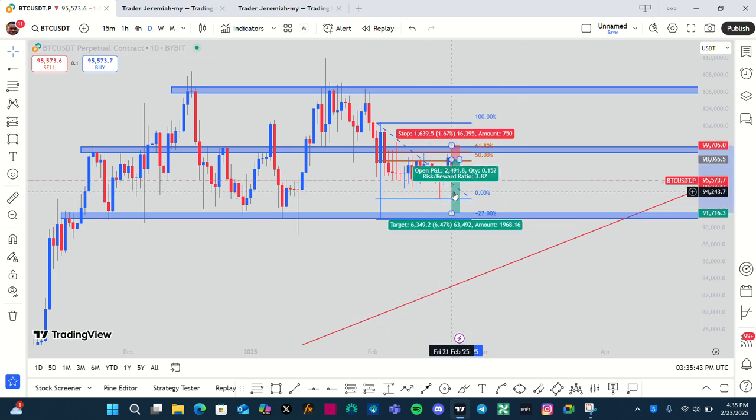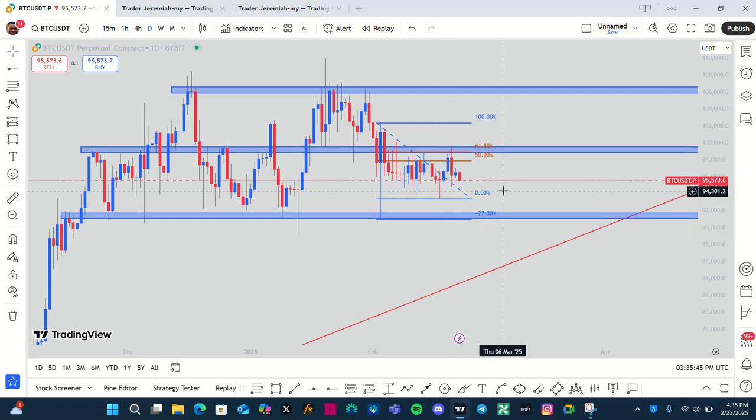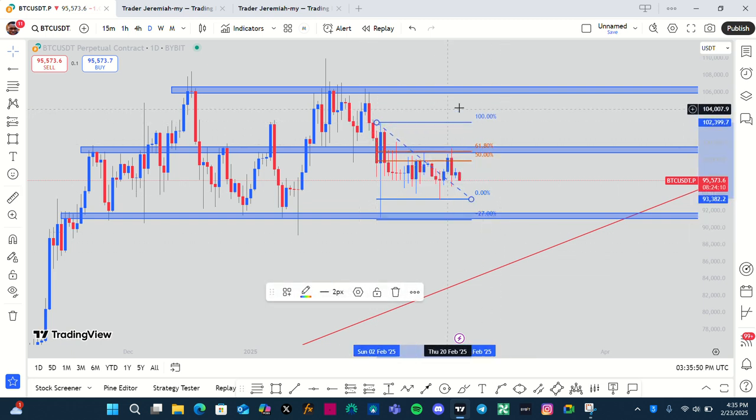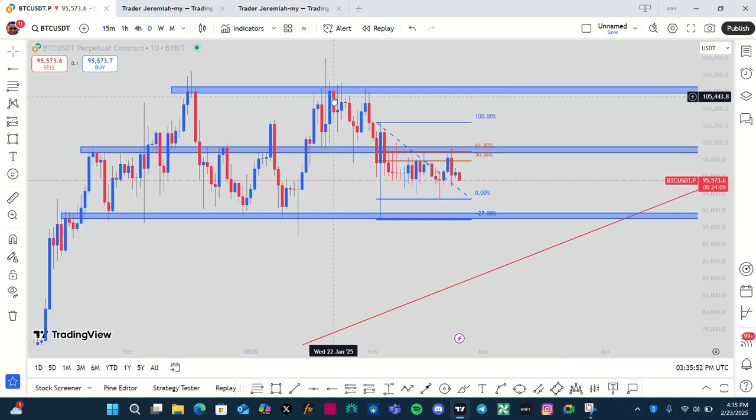Let me delete all this first. So like I said, the move that was happening here was to the downside. It was creating lower highs and lower lows. So this was the lower high, and I was expecting a lower low to this region, to this major support level.